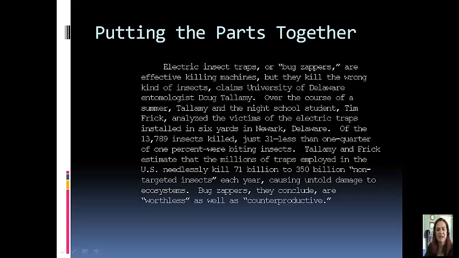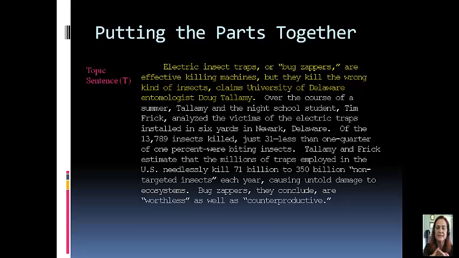Okay, let's analyze this paragraph a little bit. First, our topic sentence. Electric insect traps or bug zappers are effective killing machines, but they kill the wrong kinds of insects, claims University of Delaware entomologist Doug Tallamy. Okay, this topic sentence does three things.